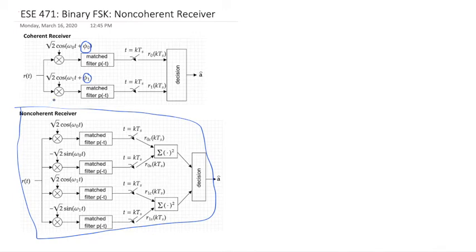For binary FSK, we'd need two phase-locked loops that would track the phase of the signal when frequency 1 and frequency 0 is sent. This can be somewhat complicated, especially because half of the time the signal is not being sent, and so the phase-locked loop needs to take that into account and not try to search for the phase while the opposite frequency is being sent.